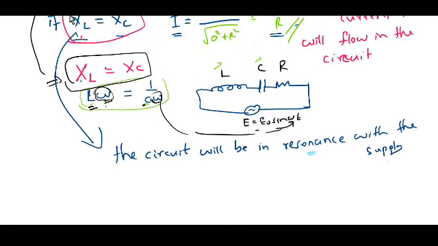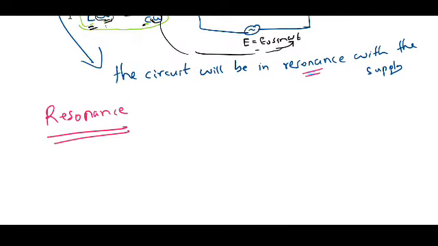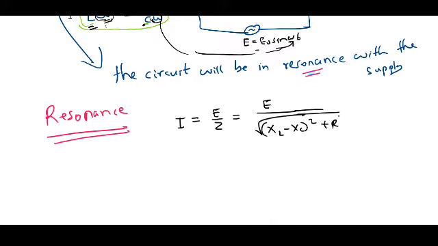Fine. Now I will explain what is the phenomenon of resonance. We have the expression for the current in the LCR circuit, that is E by Z. We can write Z as root of (XL minus XC) whole square plus R square.